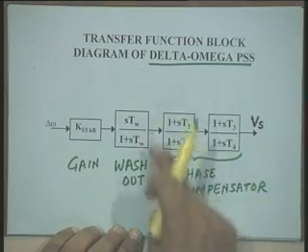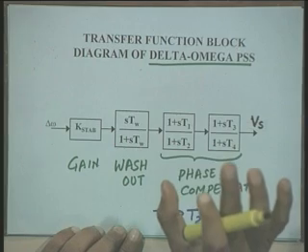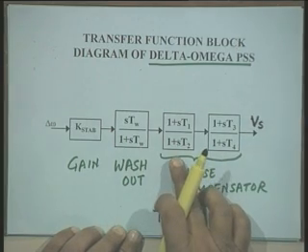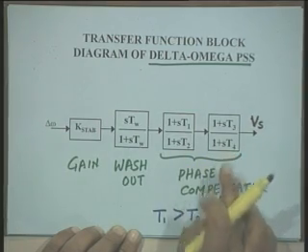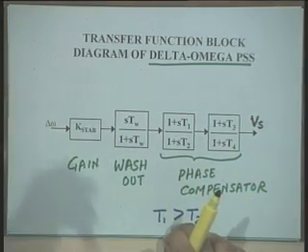I have discussed how to design a one stage phase lead compensator, and we can have two identical stages. Suppose I want to compensate for, say, 85 degrees. Instead of designing one phase compensator for the total 85 degrees, I can design one for 85 by 2 and another for 85 by 2. Generally, the thumb rule is that one phase lead compensator block should be designed to compensate around 50 degrees.